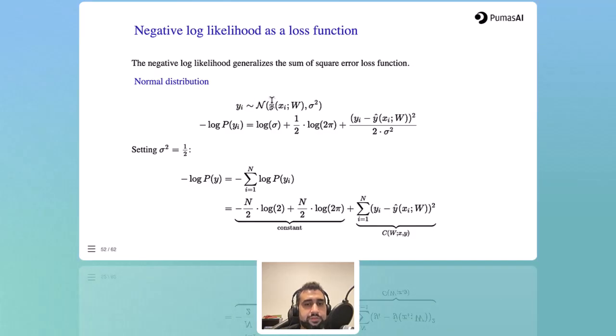By defining different distributions here, the negative log likelihood naturally becomes our loss function, and we don't need to worry about the actual derivation of that loss anymore. We just define the distribution, so it's a higher level of abstraction that allows us to not worry too much about the specific loss function definition.